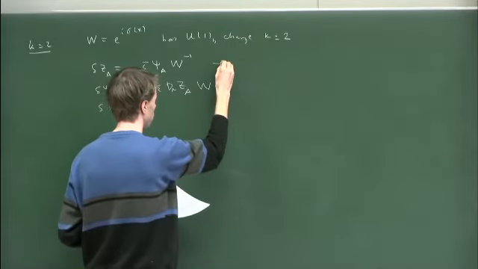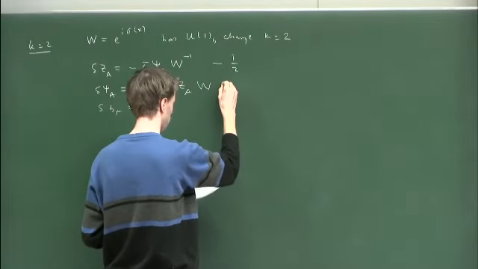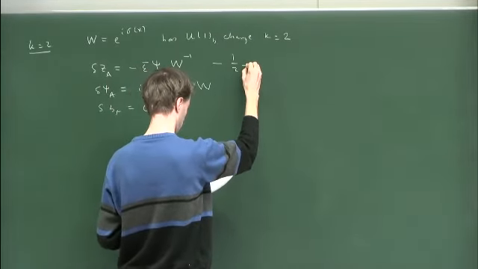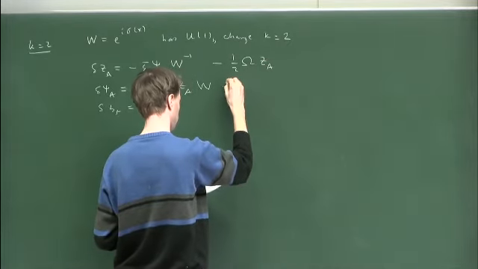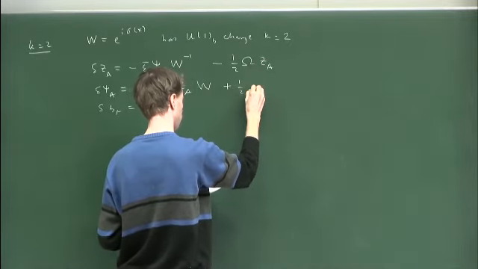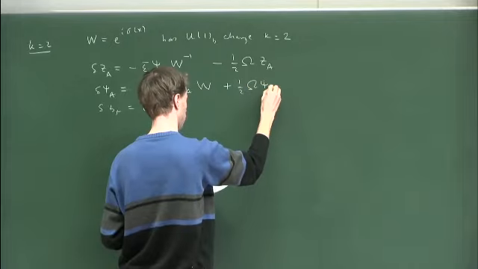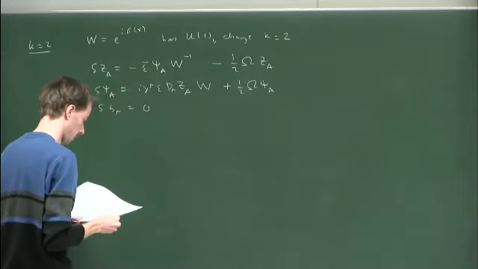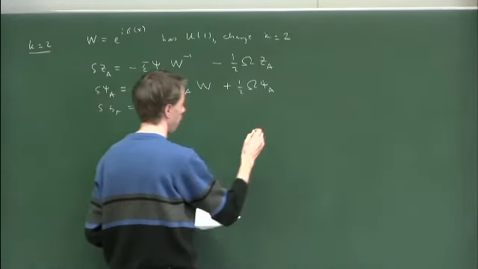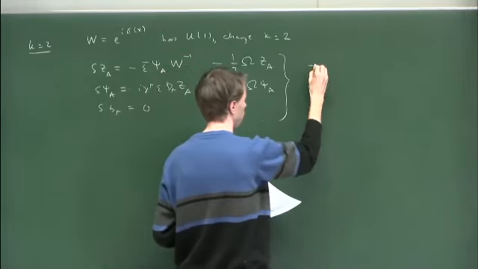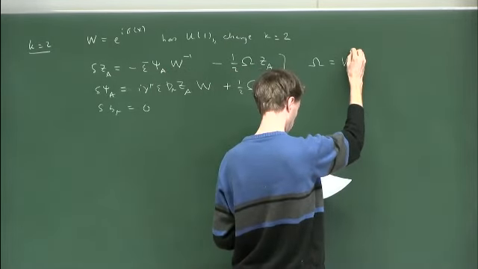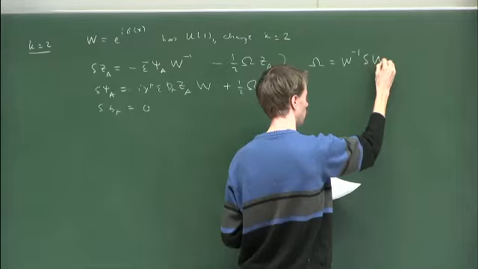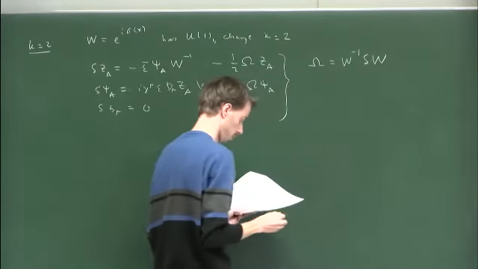but I would like to add more to this, like minus omega, where omega is given by this variation of the monopole operator.